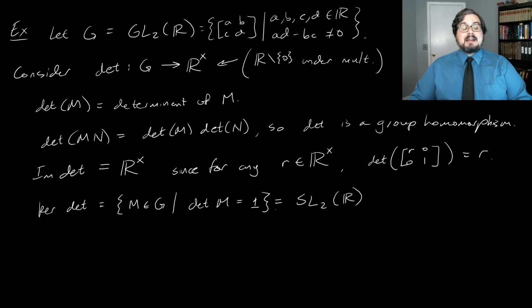So, in fact, that group that we looked at before, we can recognize as the kernel of a group homomorphism. It turns out, we'll see in a second, that we could have used this information to prove that the special linear group is a normal subgroup of the general linear group, which we did directly before.